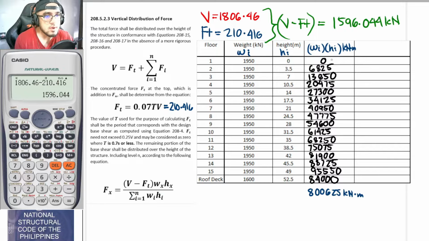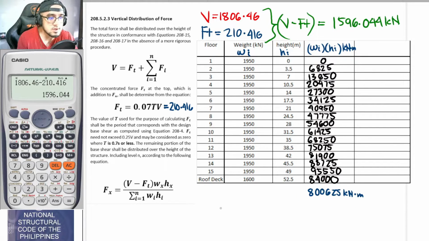So how can we distribute them? It is, well, fairly basic. Just get this value and just multiply them by the ratio of the product of the weight and the height of each floor to the total. So it would be as simple as that.